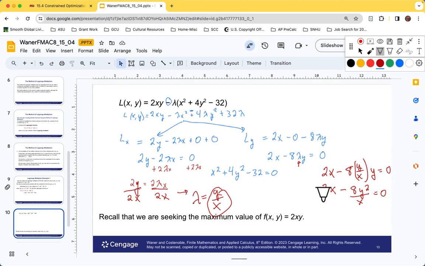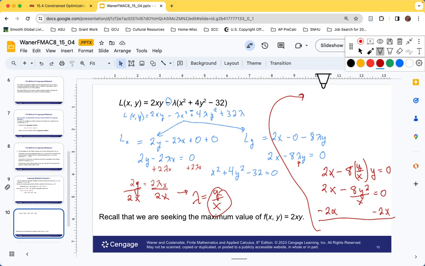We can subtract 2x from both sides. I'm running out of space here, so I'm going to put the result up at the top to give myself some more room.